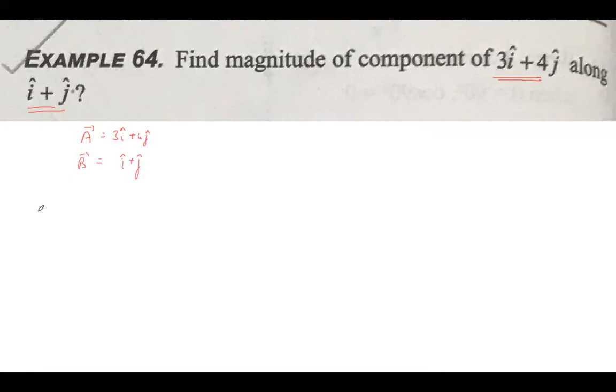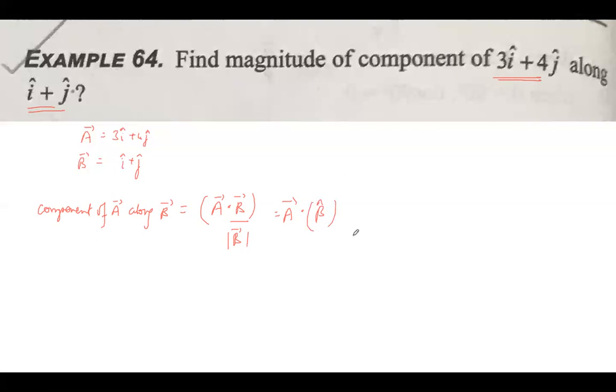When I am finding the component of vector A along vector B, the formula is A dot B divided by the magnitude of B, or A dot B cap.